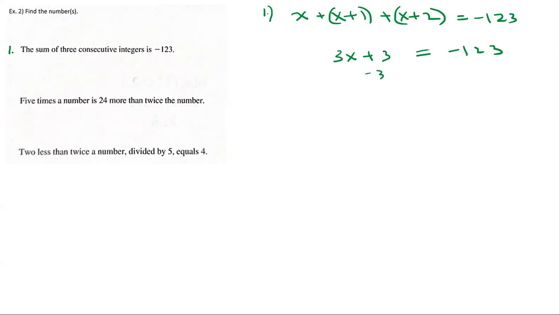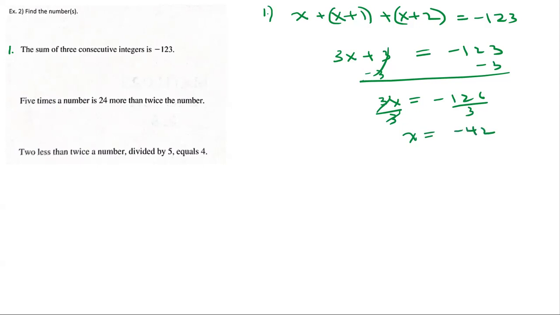Then we're going to subtract 3 on both sides. You get 3x is equal to negative 126. Then we're going to divide both sides by 3, so x gives me negative 42. Then we're going to add 1, because now we have x plus 1.